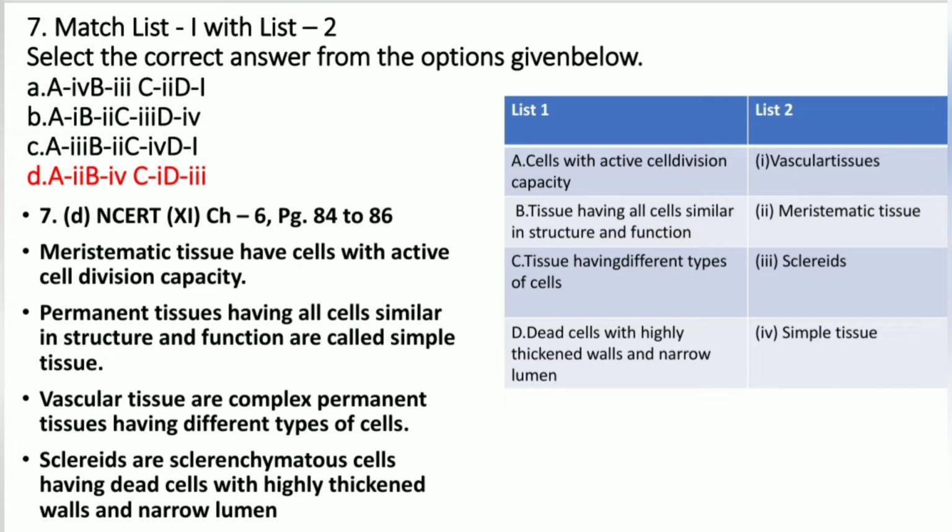C. Tissue having different types of cells. Such type of tissue is known as complex tissue, and examples of complex tissue are xylem and phloem, which is known as vascular tissue of plant. And what is the function of vascular tissue in plant? You can type your answer in comment box.